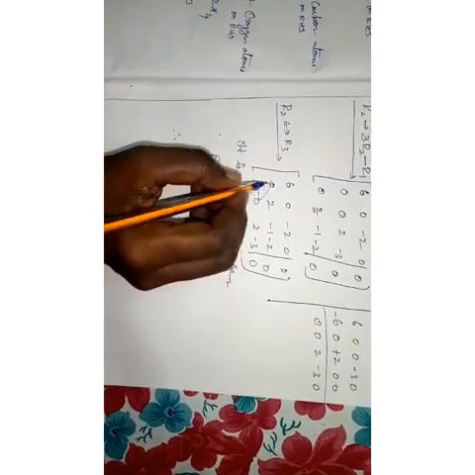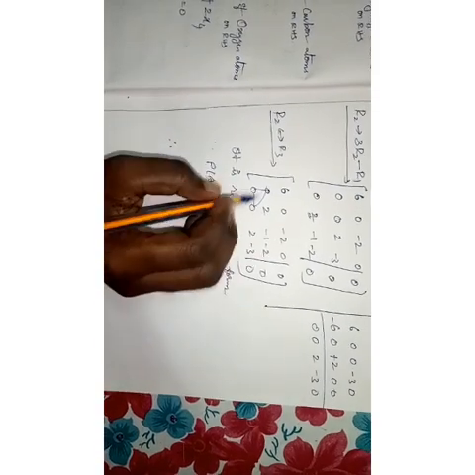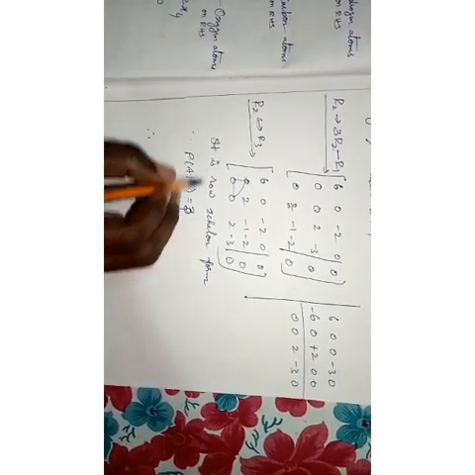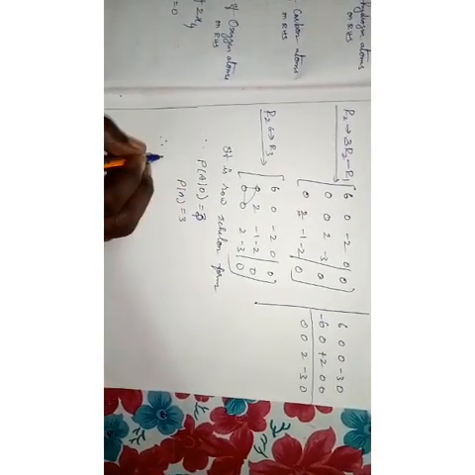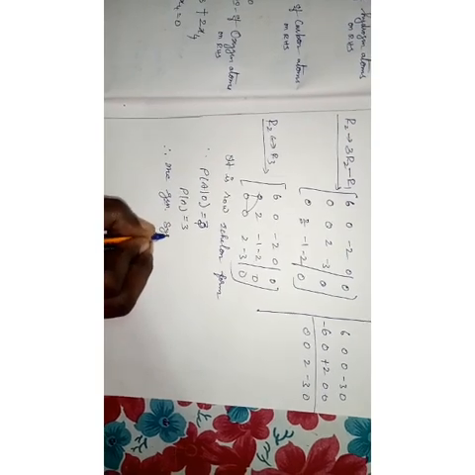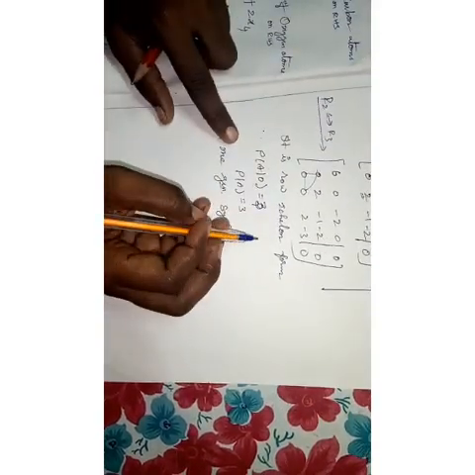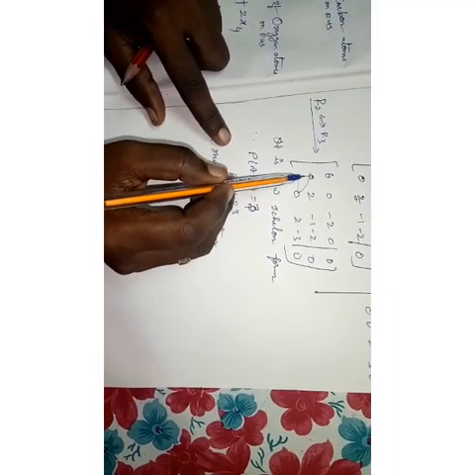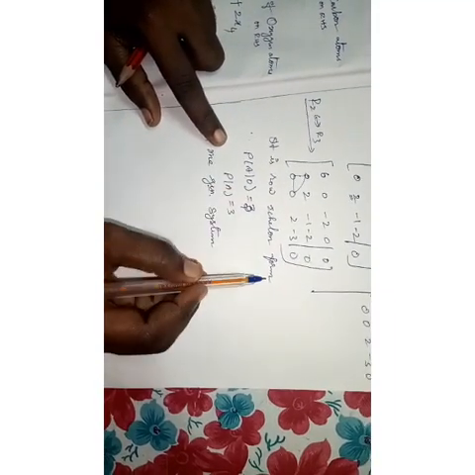Okay, see your triangle shape of 0s. After the triangle shape, it is in echelon form. After the triangle shape of 0s, it is echelon form.